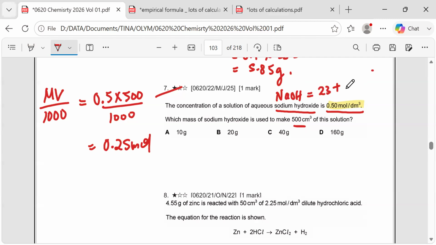So sodium hydroxide is NaOH. 23 plus 16 plus 1. So the mass of sodium hydroxide is the amount of moles times molar mass. So you get 10.